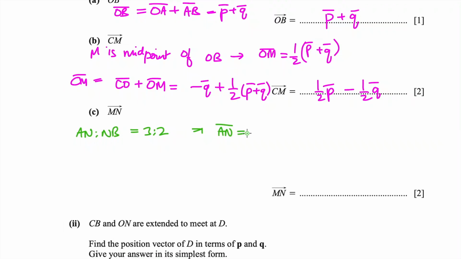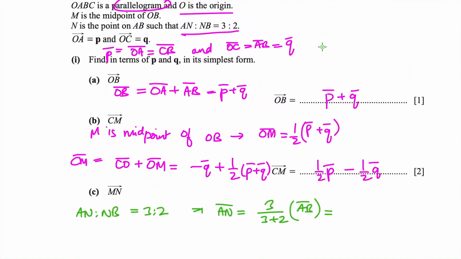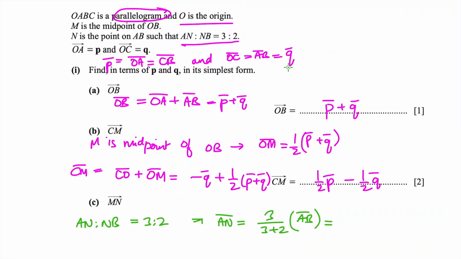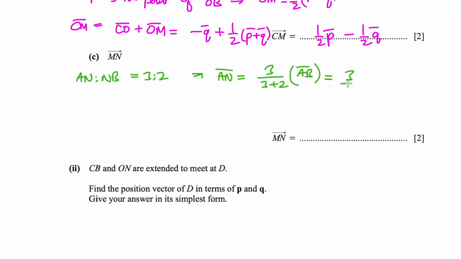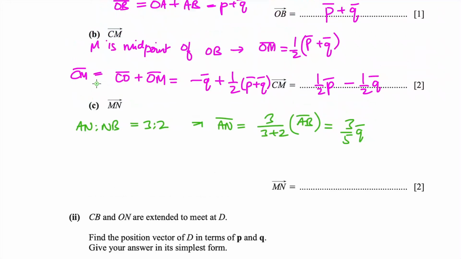Therefore, AN bar would be equal to 3 by 3 plus 2 into AB bar. We have already seen that AB bar is equal to Q bar, and so AN bar would be equal to 3 by 5 Q bar.